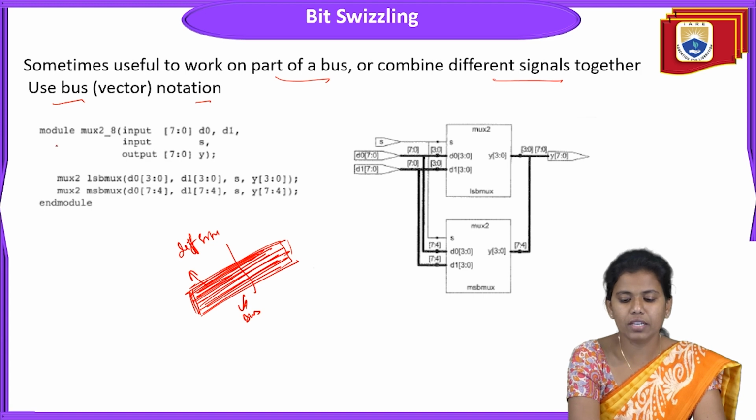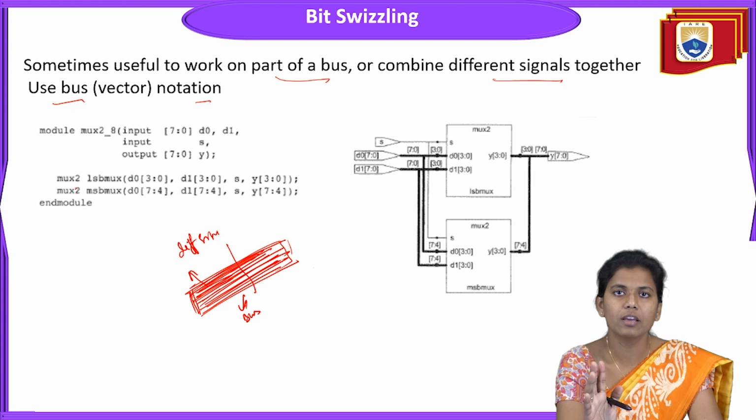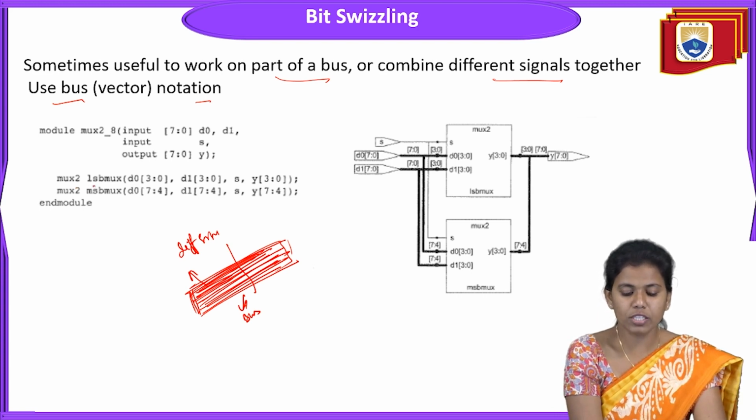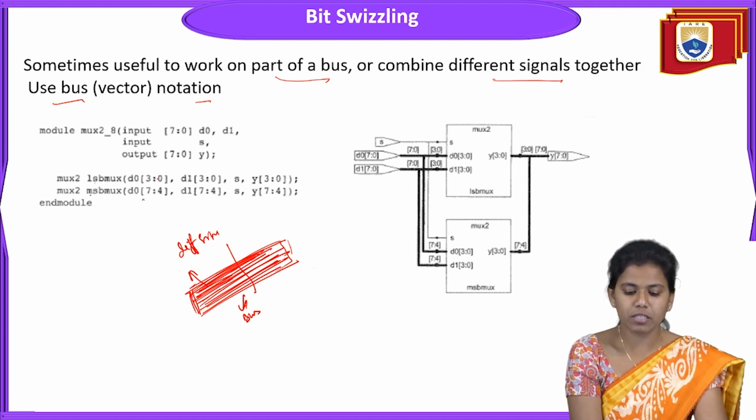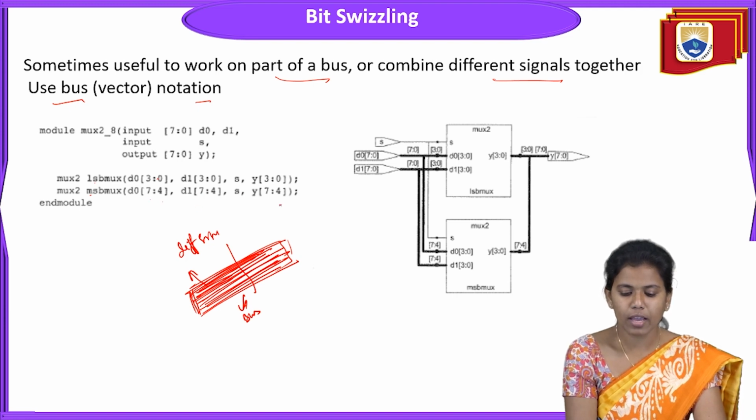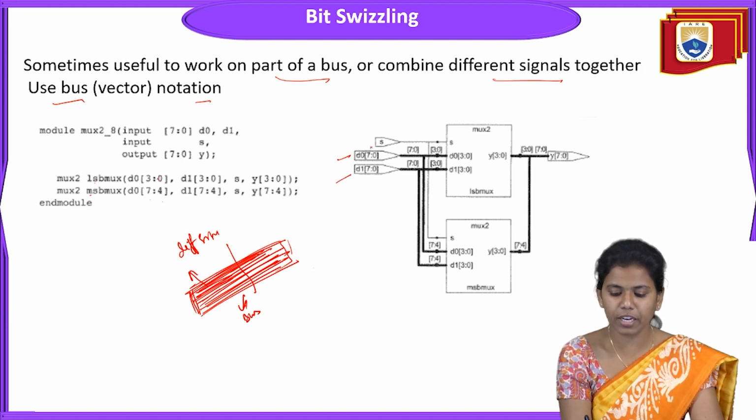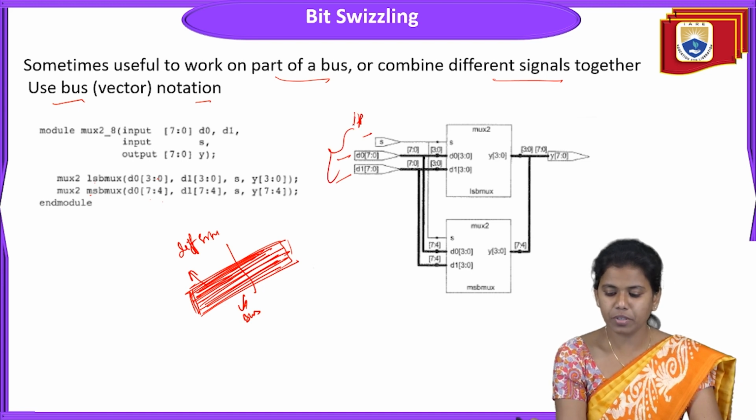Here we have considered a module, multiplexer 8: the input is totally 8 bits, that is an 8 by 1 mux, input and output 7:0. And then what am I doing here? As I said, it works on a part of a bus. So the least significant bits are D0 3:0 and the most significant bits 7:4, D1 and S1. If you observe, D1, D2, D3 are my inputs and these are my outputs.